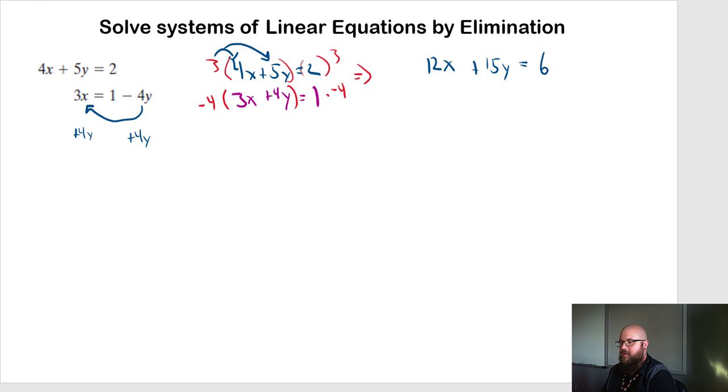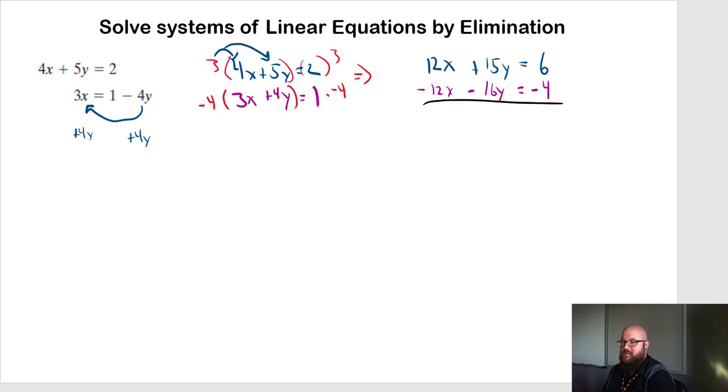When you do that, you get negative 12x, and then we're going to take negative 4 times positive 4, which gives us minus 16y, and that equals, and we have 1 times negative 4, which is negative 4. So now we have those values out there.